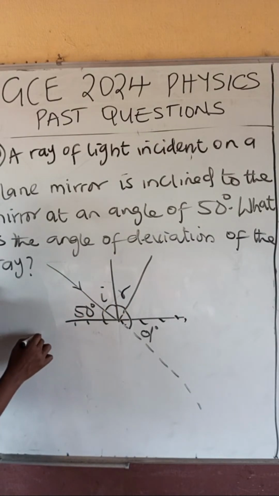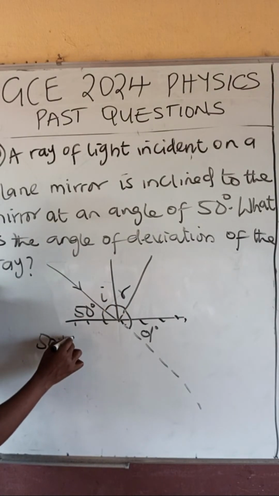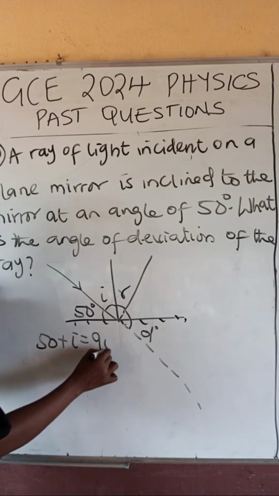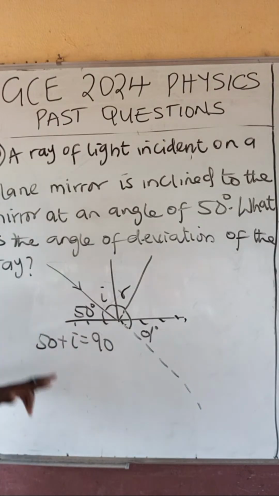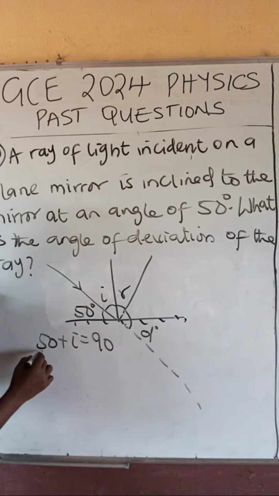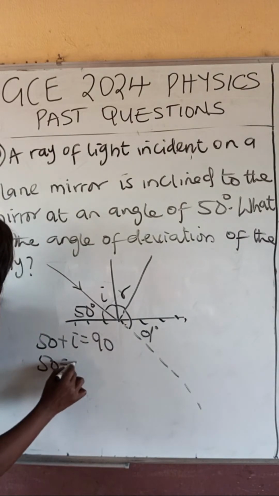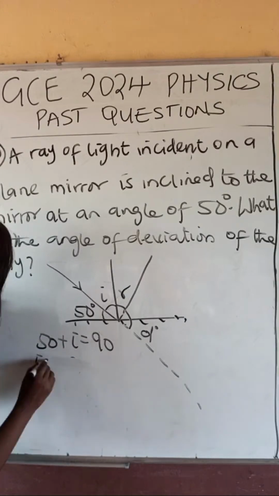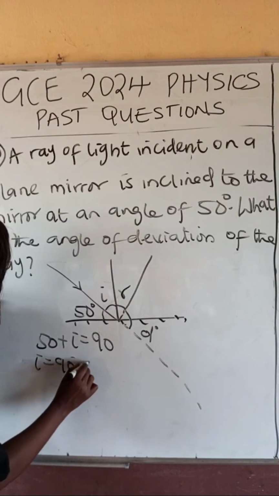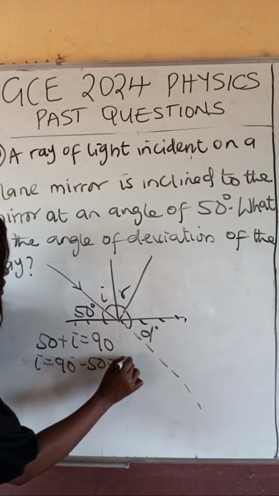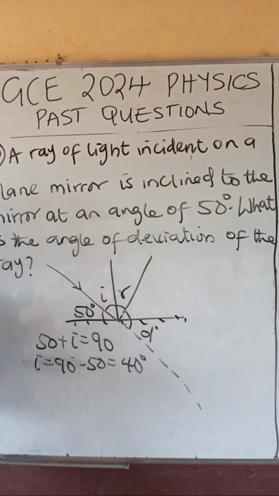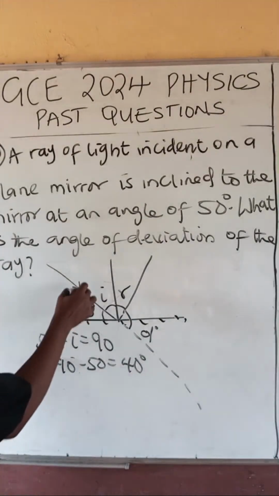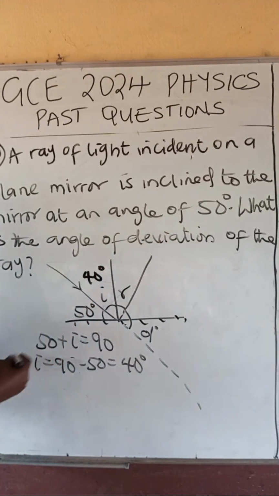So I will say 50 plus I is equal to 90, right? Then I take this to the other side. That means I is equal to 90 minus 50, which is going to give me 40 degrees. Now, if my I here becomes 40 degrees, how do I get the angle of deviation?